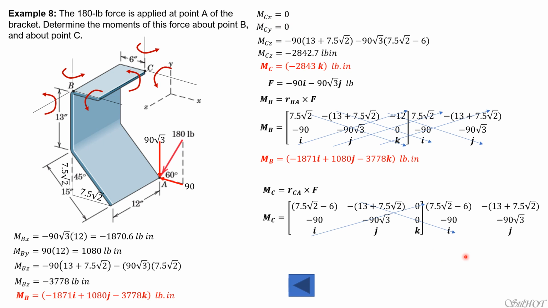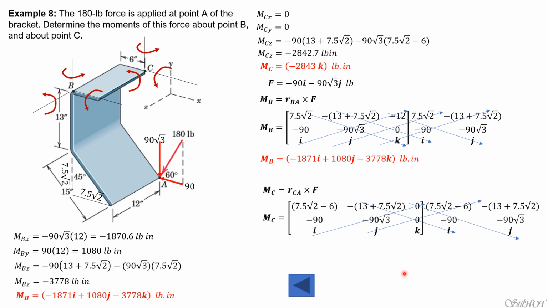MCY: 0 times negative 90 is 0. Then minus, along this diagonal, 0 times quantity 7.5 square root of 2 minus 6 is also 0. That's why MCY is also 0.